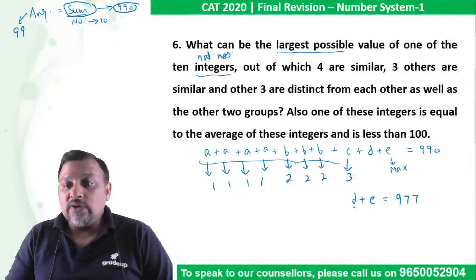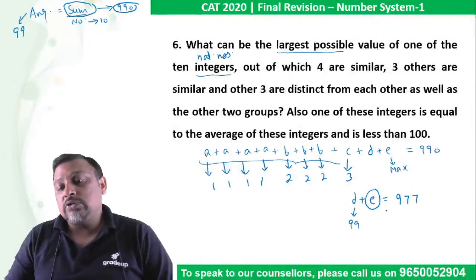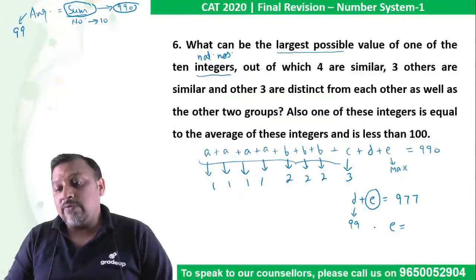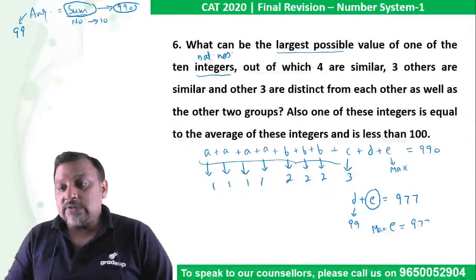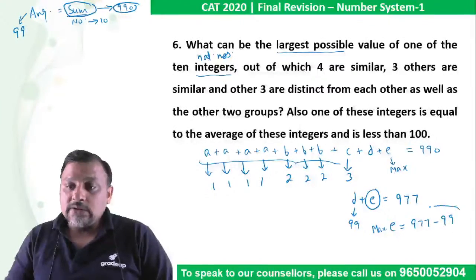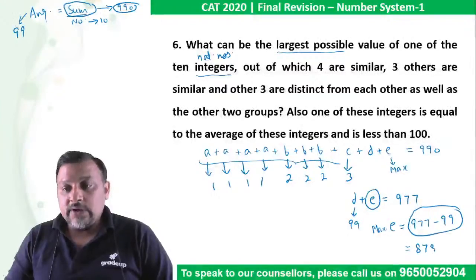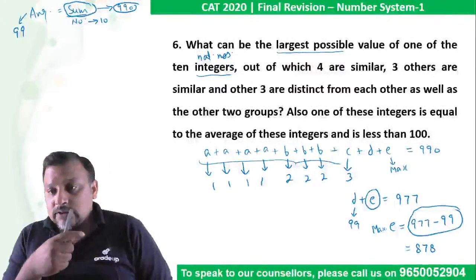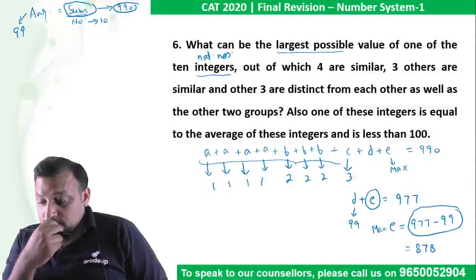So that means one of the numbers has to be 99 also. So this is the maximum possible value. So the maximum possible value of E is 977 minus 99. This is the answer. That is 878. Just go through this, and if you have any doubt, please ask.